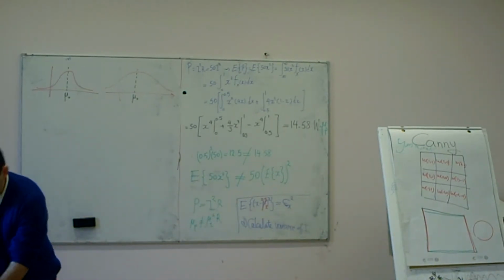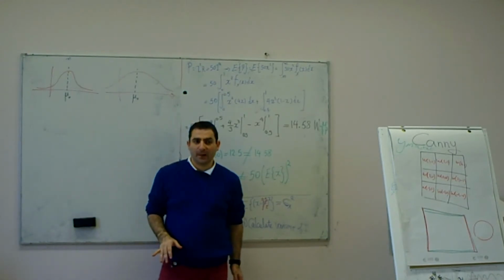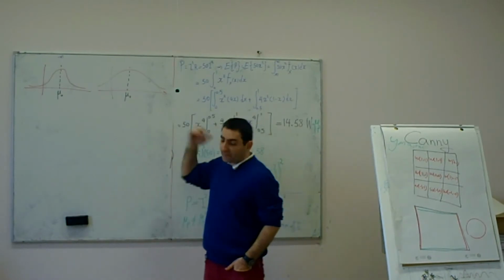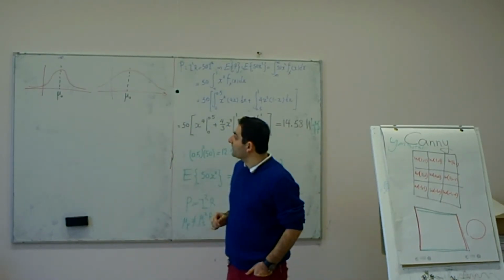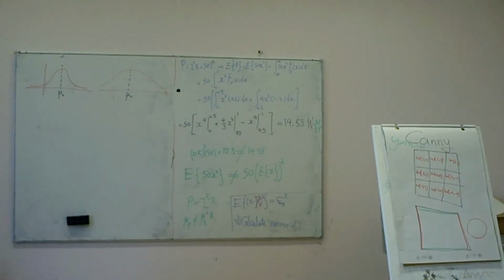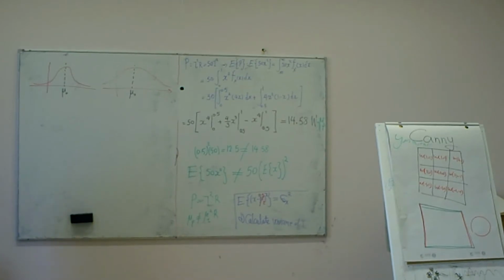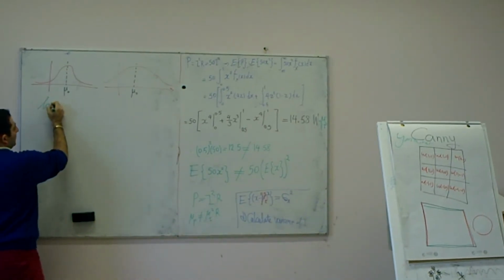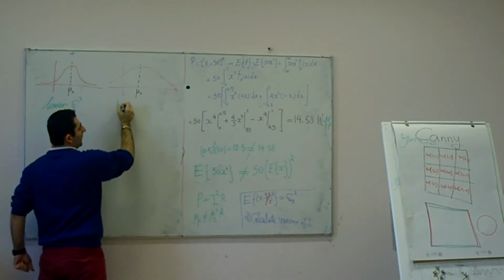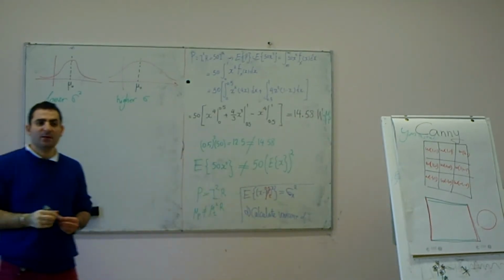Variance is telling you how the shape of the distribution is in general. If we have the same mean, the same type of distribution, different variance will show different shapes. Can you tell me which one has a higher variance, which one has a lower variance? Yes, this has a lower sigma, this has higher sigma.